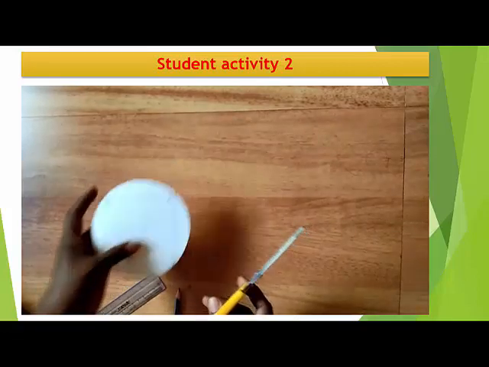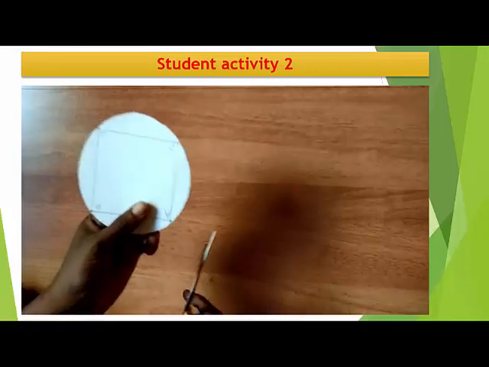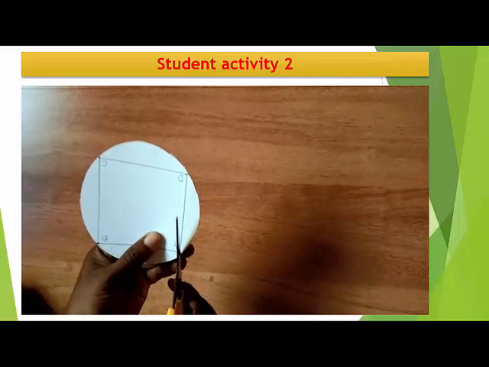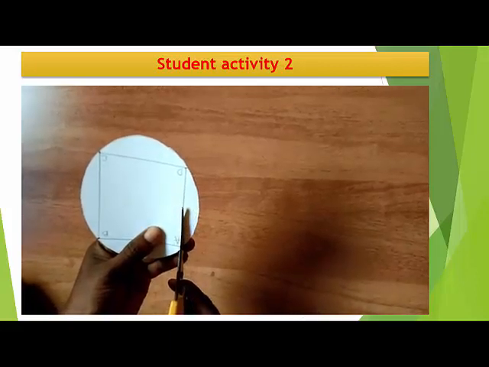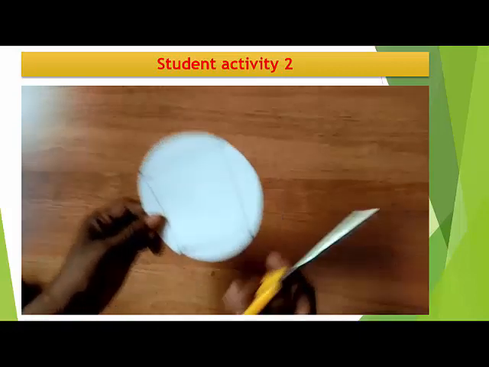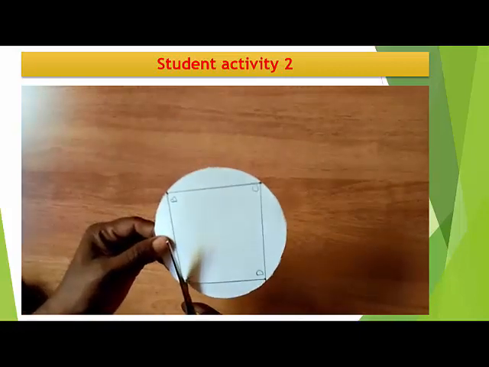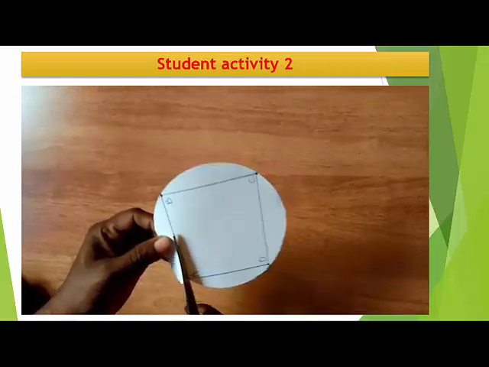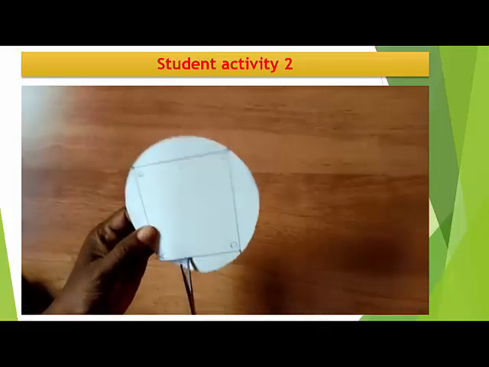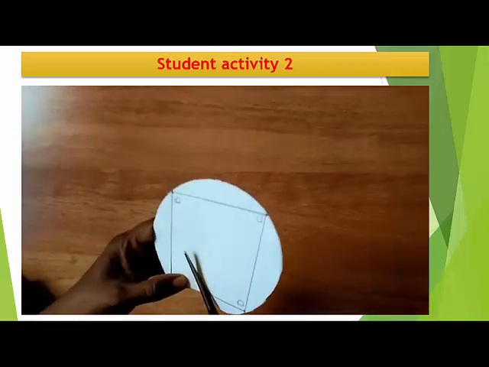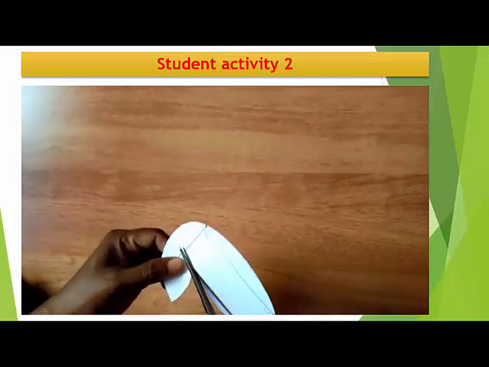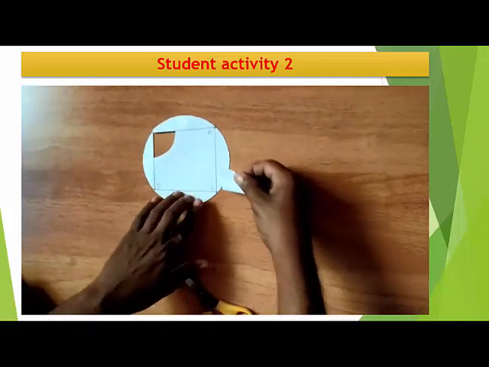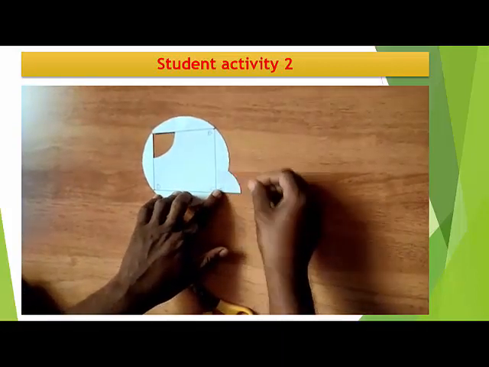Which type of quadrilateral is this? Think about this. Now cut angle A with scissors. Separate this angle from the quadrilateral. Put this angle aside from the circle.